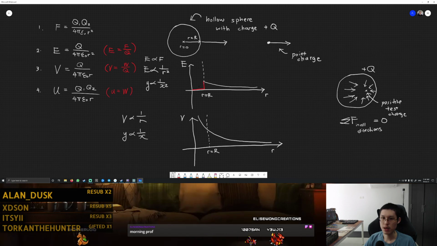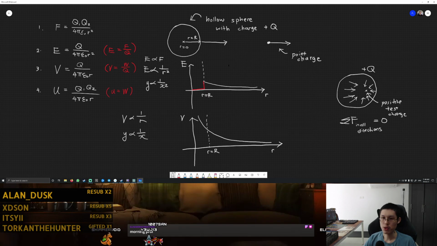Which doesn't make any sense if you think about it, because your test charge is positive and your sphere is positive. So there shouldn't be some kind of attraction towards the center of the sphere. It just doesn't add up, right? So we know that this line cannot be lower than the highest point over here.